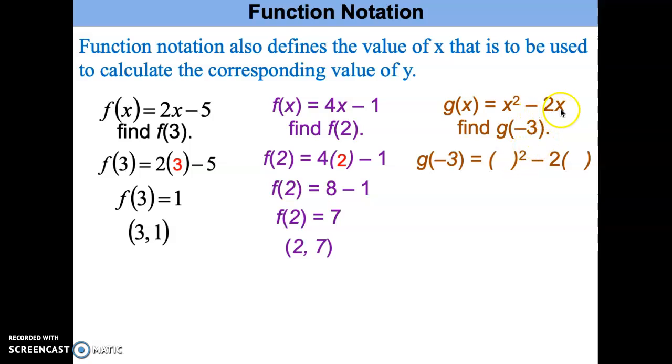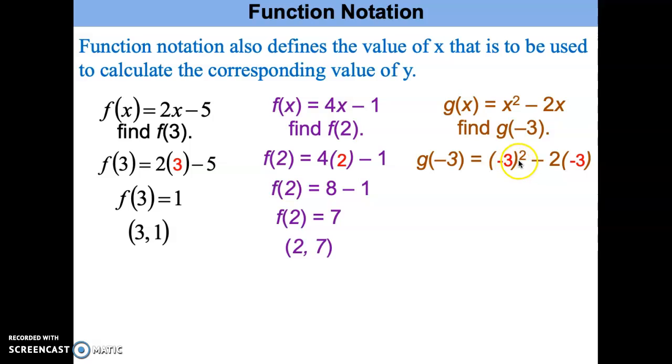Instead of minus 2x, we put minus 2 parentheses. Don't forget, whenever you have a variable, change it into parentheses. Then inside those parentheses, you'll put whatever number we're trying to find for x, or whichever number we're solving with x to find our y. So inside here, we'll put negative 3, and inside here, we will also put negative 3.